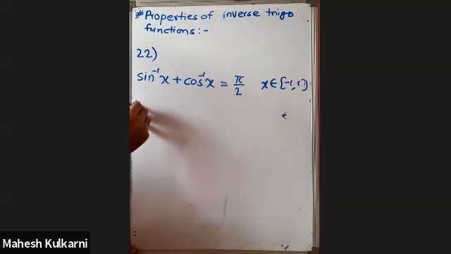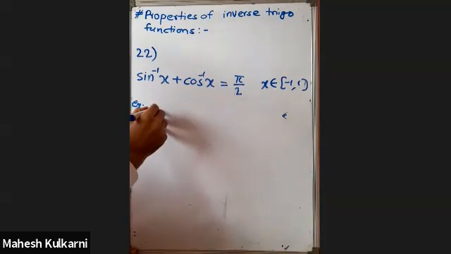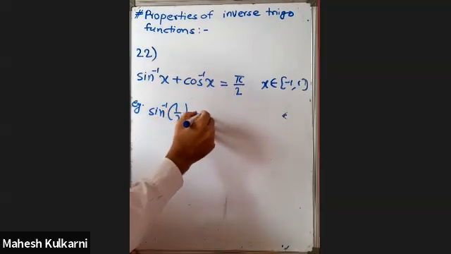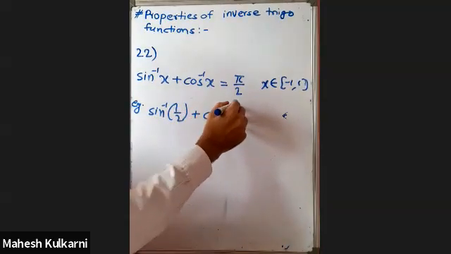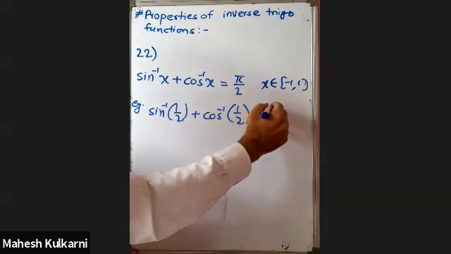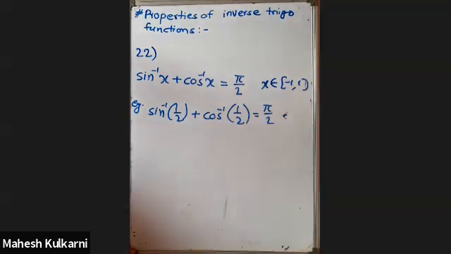For example, if I write sin inverse of 1 by 2 plus cos inverse of 1 by 2, this value must be equal to pi by 2.